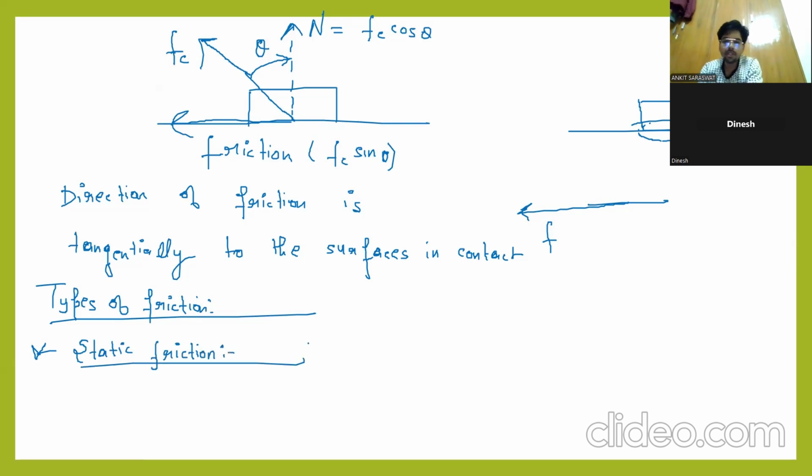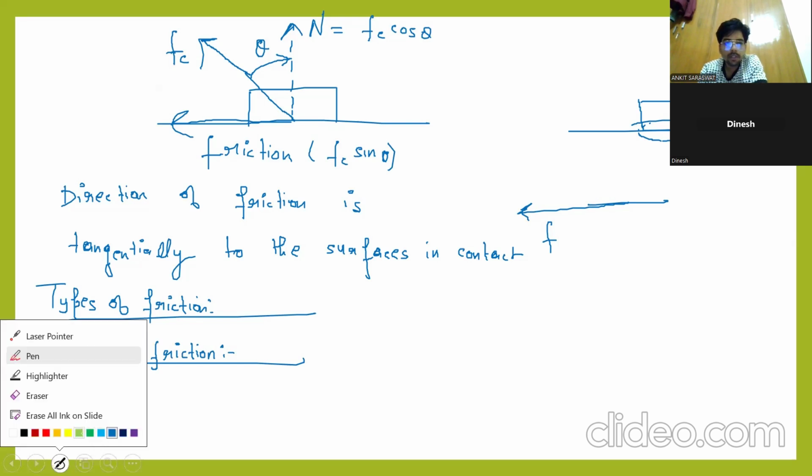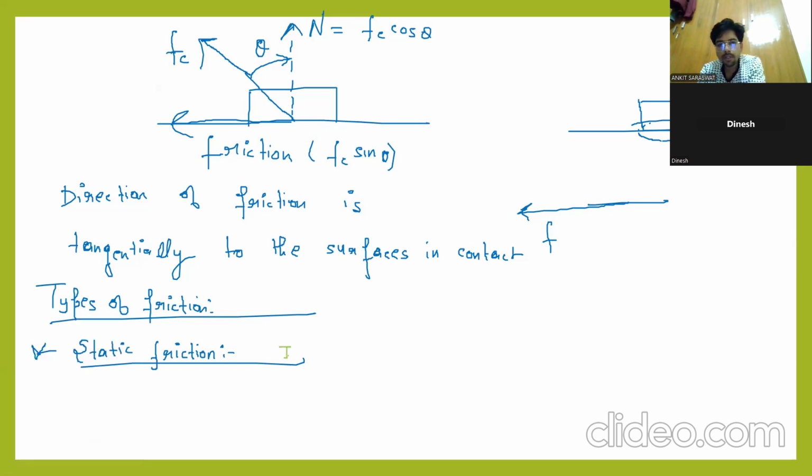Write it down. Is this color visible to you? Yes, sir. I think I should use a darker one.